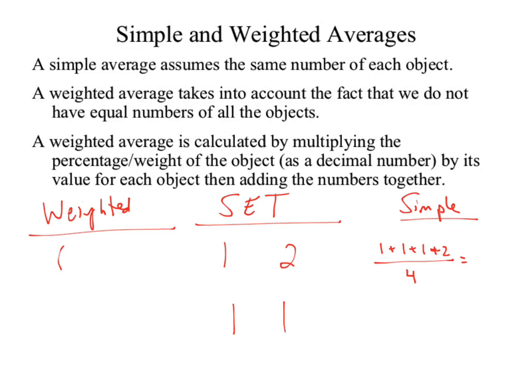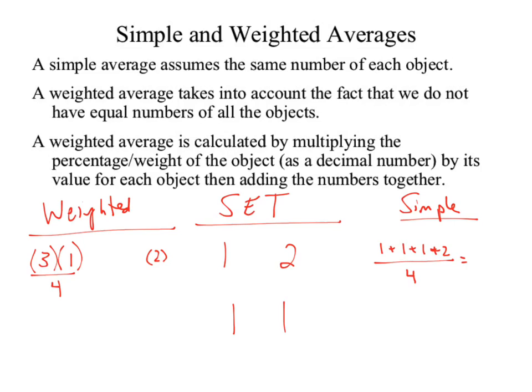So I have 2 values in my set, 1 and 2. How many times did my 1 show up? It showed up 3 times, so I'll multiply 3 times my value of 1, but it showed up 3 times out of how many? 4 possible options. So far, so good?